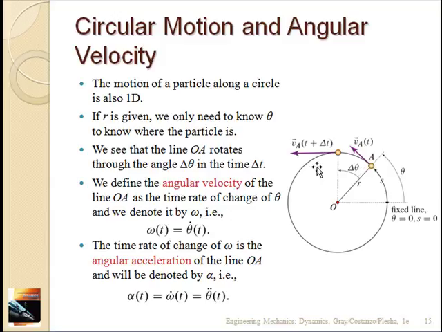Note that for circular motion, the magnitude of the position vector is a constant, but its orientation changes. So the position vector is just rotating around. So as the particle goes from this point to this point, the position vector rotates through an angle delta theta. So we can use this coordinate delta theta or theta to denote the position of the particle around the circle.